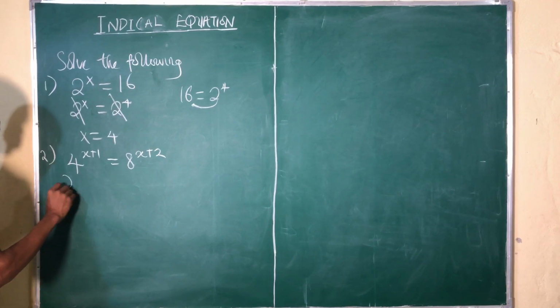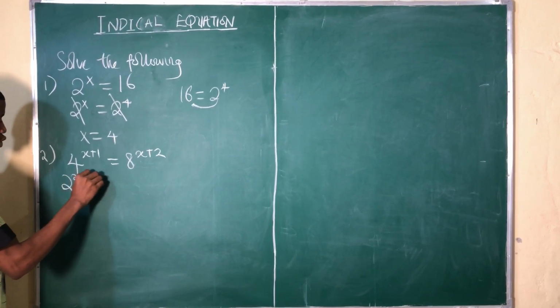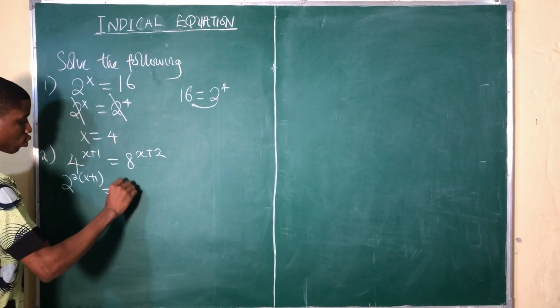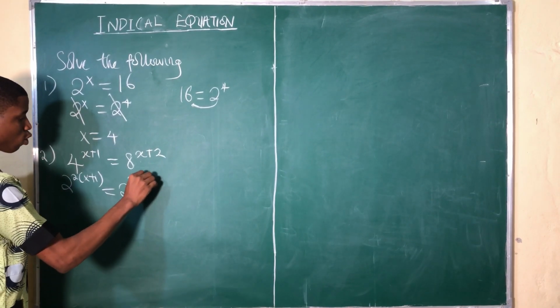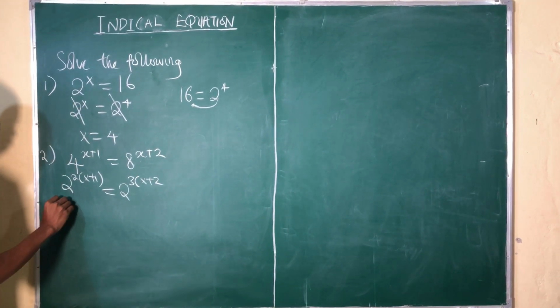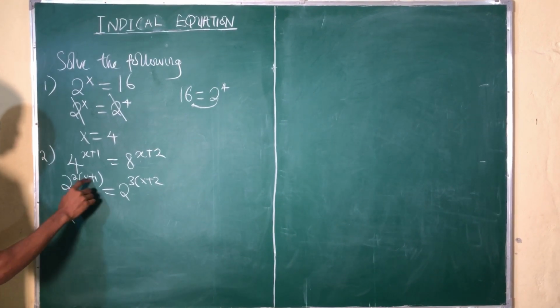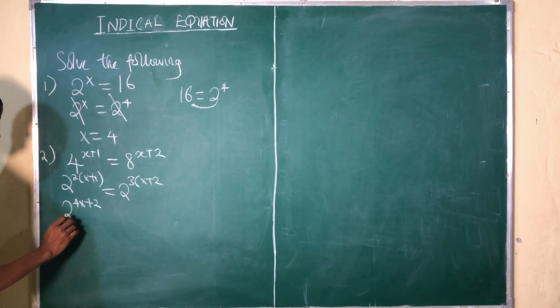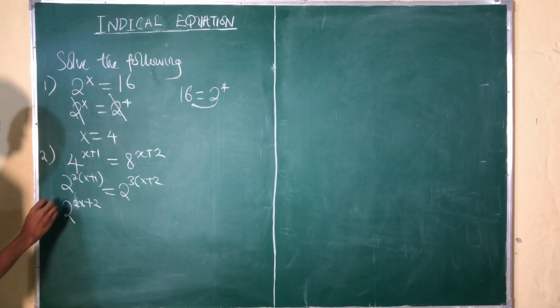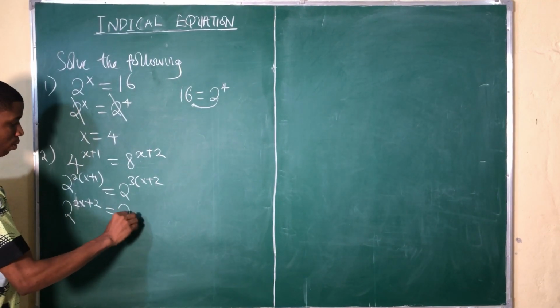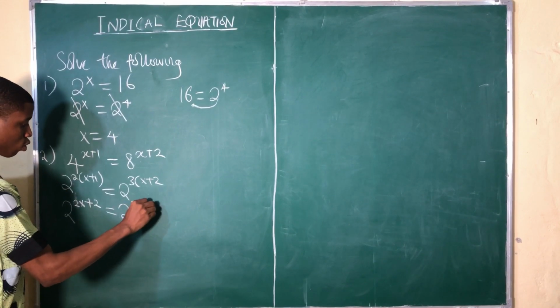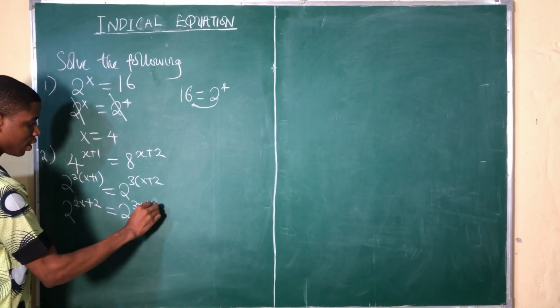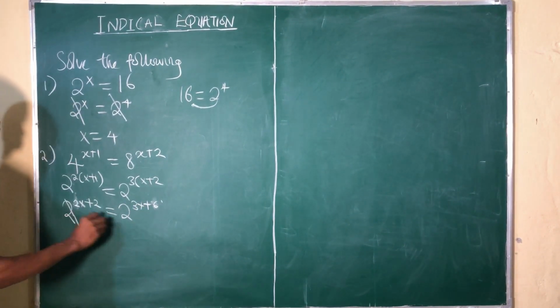So when we do that, it becomes 2^2(x+1) is equal to 2^3(x+2). So when we multiply out, this becomes 2x plus 2 is equal to 3x plus 6, and you can see that the base will cancel.